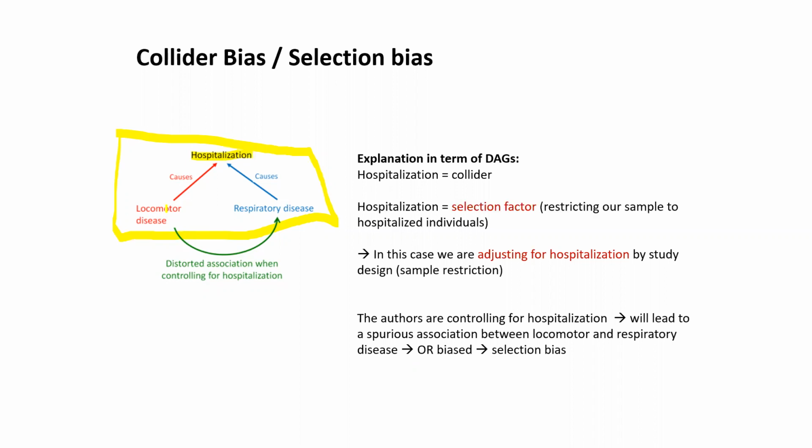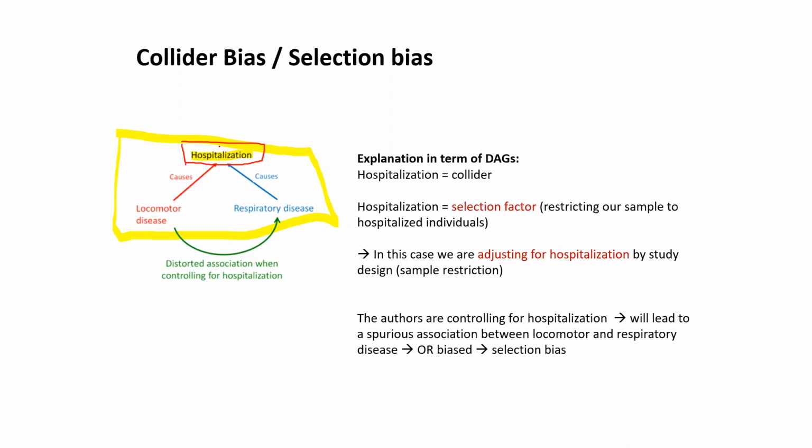And in this case, when I'm selecting people from the hospital, it is as if I'm doing a restriction. It's as if I'm conditioning on or adjusting for hospitalization, because I'm just selecting people who are at the hospital. Remember, when we talked about confounding, we have several ways to adjust.